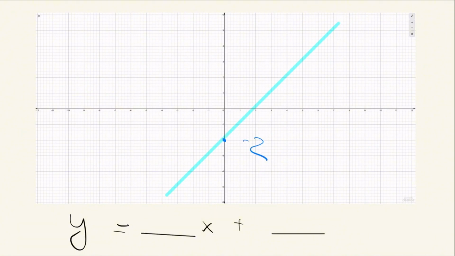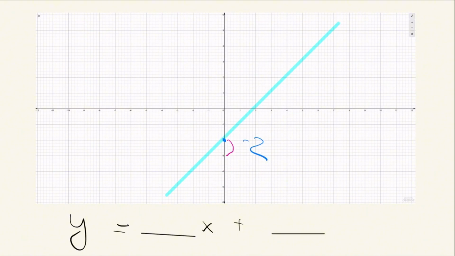So, for our slope, we're going to be looking right here. And let's look at that. We go down 2 and we go left 2. So actually we don't even need to do that.